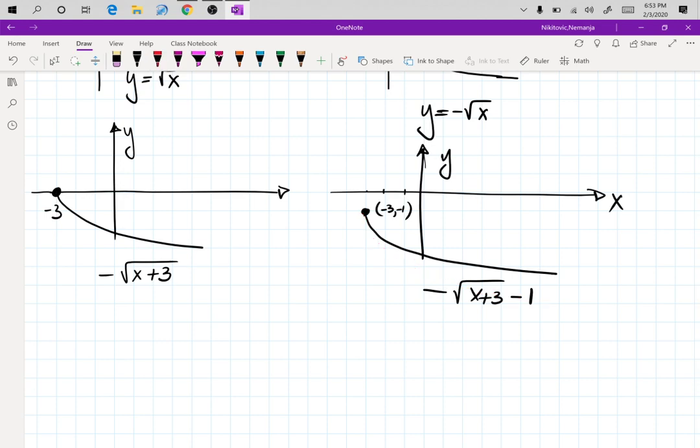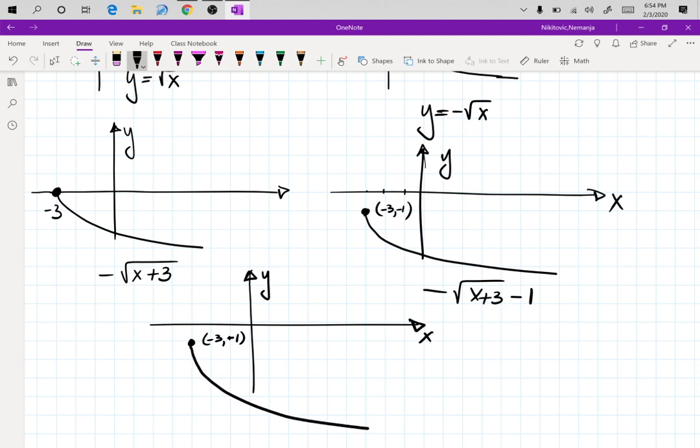So for the final graph, in this case picture number 5, I am going to go to the same (-3, -1), and instead of dropping it like this, I'm going to drop it faster. Again, not humanly possible to do.